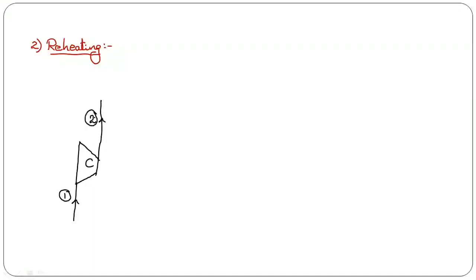Let us say 1 to 2 is isentropic compression. Then this air enters into the combustion chamber here. So air enters into the combustion chamber, and at constant pressure the temperature increases to condition 3.